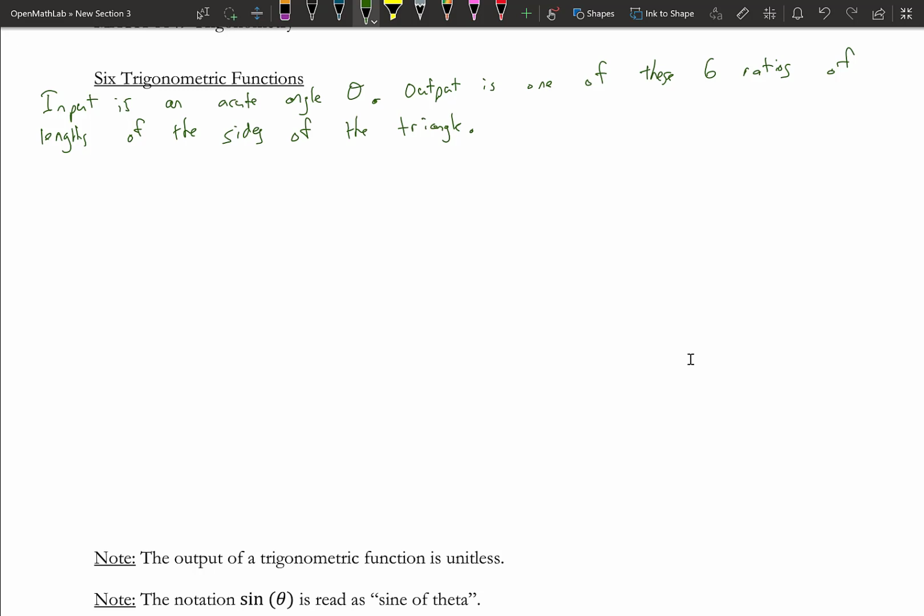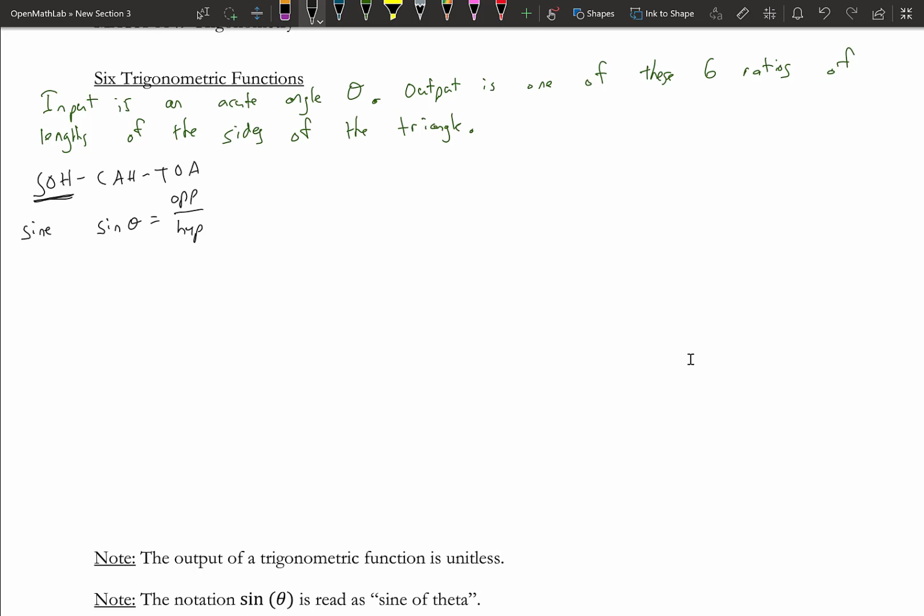Right? I'll list these trig functions below. Something you've probably seen before, an easy way to remember it is the saying SOHCAHTOA. So we have sine: sine theta equals the opposite over the hypotenuse.